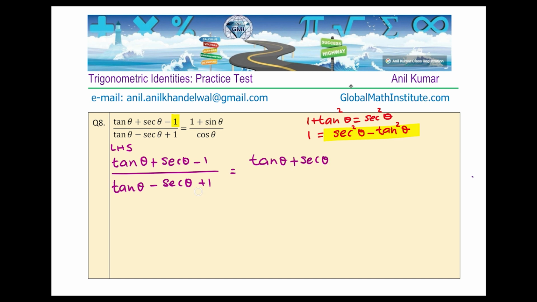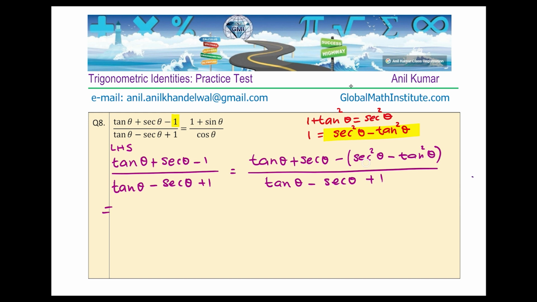You could also expand this. Either one could work for you, right? So minus of secant square theta minus tan square theta, divided by tan theta minus secant theta plus 1, correct?